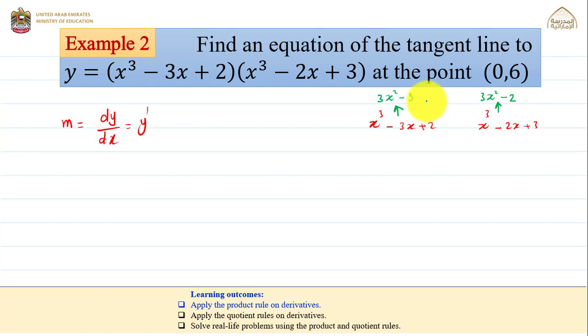Then we can make cross multiplication like this, but start from the top of the left.